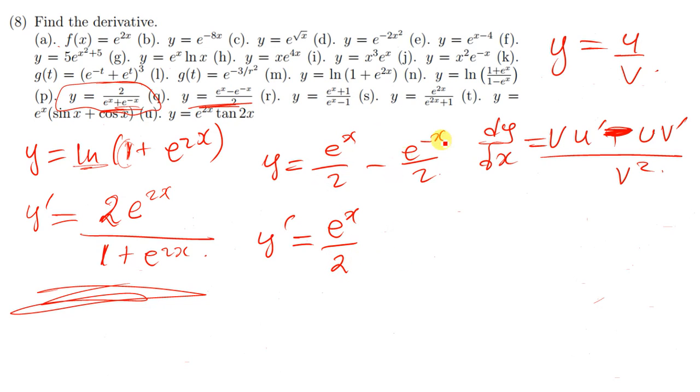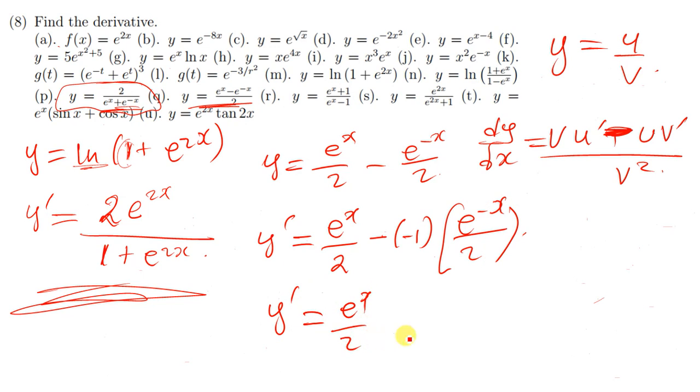Then for the derivative of this, you differentiate the power, that will give you negative 1, multiplied by the original function, which is e to the power negative x over 2. So the derivative will simply be e to the power x over 2 plus e to the power negative x over 2.